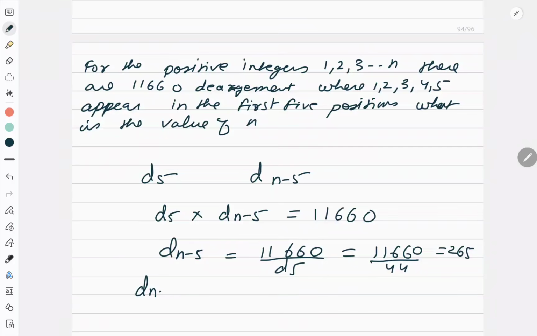Now D(n minus 5) is equal to 265. So now n minus 5 is equal to 6. So n is equal to 11. So this is how we have to do the questions. So I got n is equal to 11.